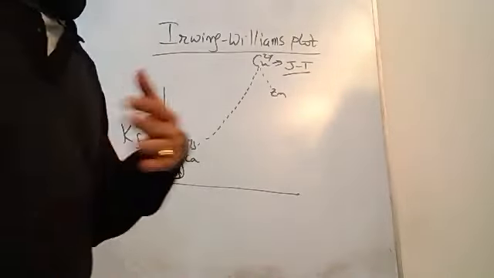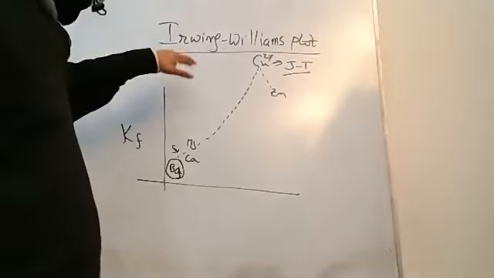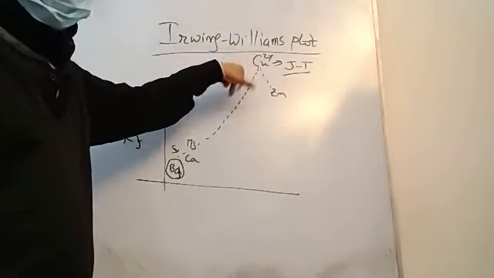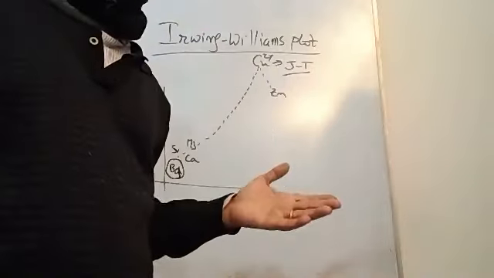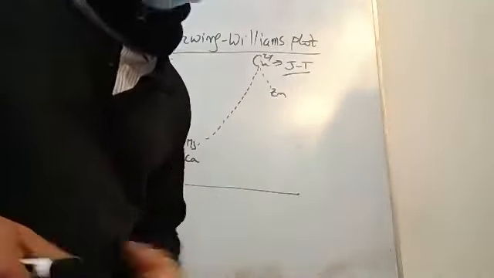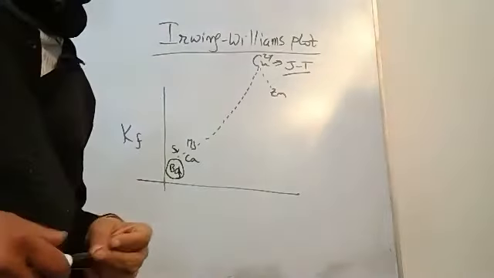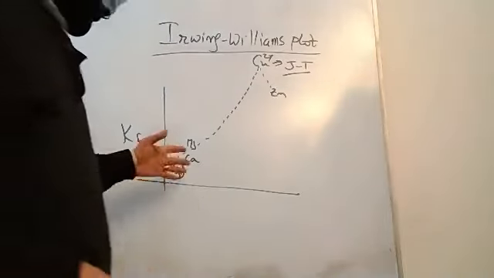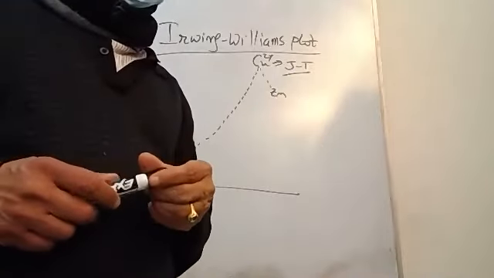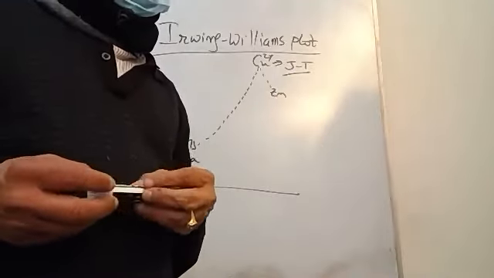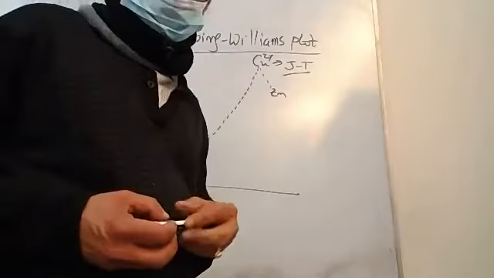So for any given set of ligands, one can draw the Irving-Williams plots, IW plots, for a variety of complexes. I'm just showing you how to read them, how to understand them, and how to rationalize the graphs here. Okay? Basically, it summarizes all that we have been talking about. Questions up to this point?